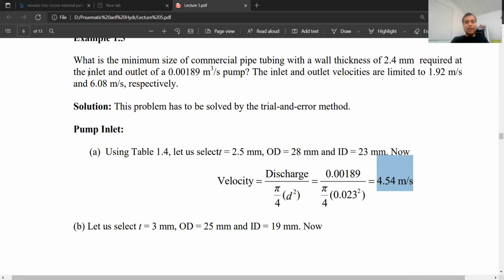Now the velocity I got here is 1.9 to 6.08. So it's a little bit less than 6.08. Which means I can increase the thickness to, let's say, 3. If I increase the thickness to 3, I use a table where the thickness is 3. I look at that one, and outer diameter is 25, and inner diameter has to be outer diameter minus 2 times the thickness, which is 19.